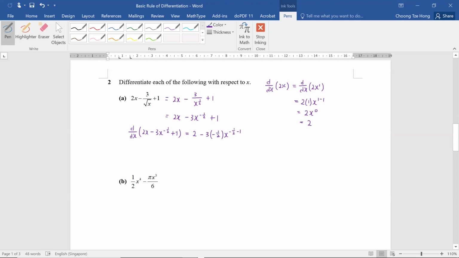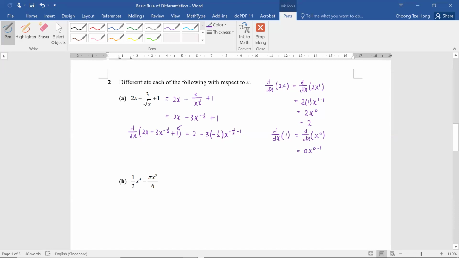Next thing will be what happens when you differentiate 1. Whenever you differentiate a constant number, for example this 1 here, we know that 1 can also be expressed as x to the power of 0. If I were to ask you to differentiate x to the power of 0, when you bring the power in front, you get 0 times x to the power of 0 minus 1.